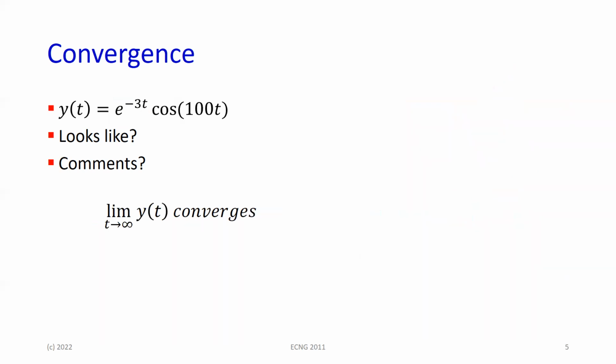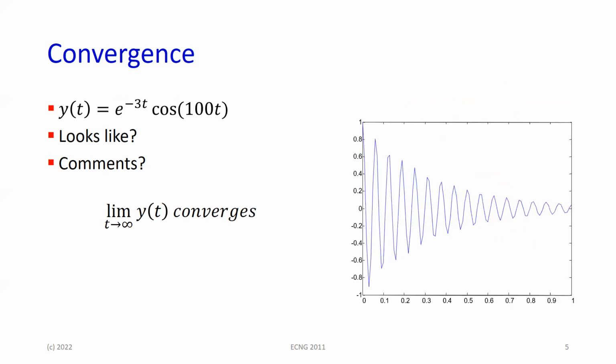On the other hand, e^(-3t) does converge. And eventually, as t gets very big, this bit here eventually goes to 0, so that in the limit, y(t) will eventually end up being 0.